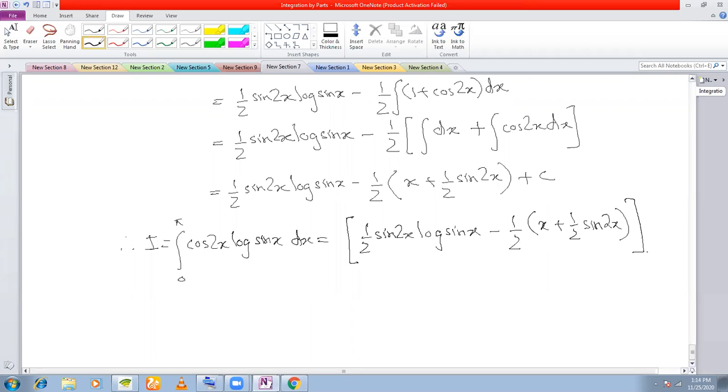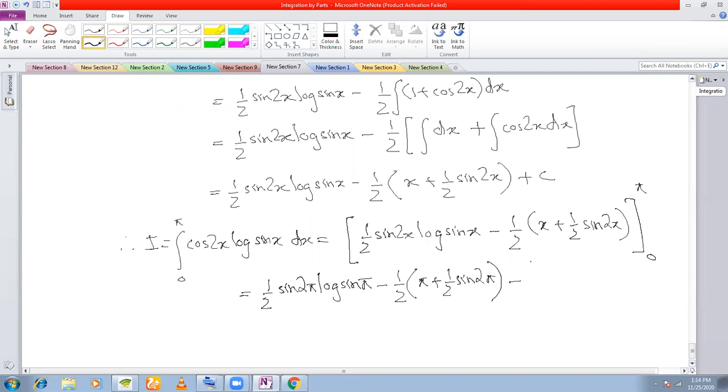And this has to be evaluated within limits 0 to pi. Now put pi first. You get half sine 2 pi log sine pi minus half pi plus half sine 2 pi.